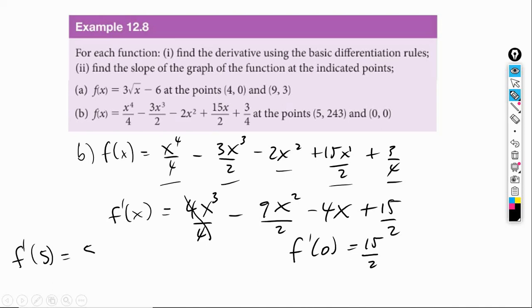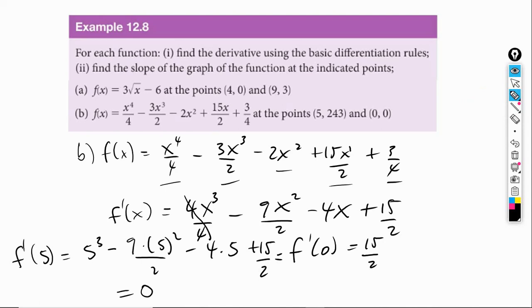So this would be 5 cubed minus 9 times 5 squared over 2 minus 4 times 5 plus 15/2. And if we do the mental math here, this is going to give us 0, which means that at x equals 5, this graph has a maximum or a minimum, or the slope is 0.